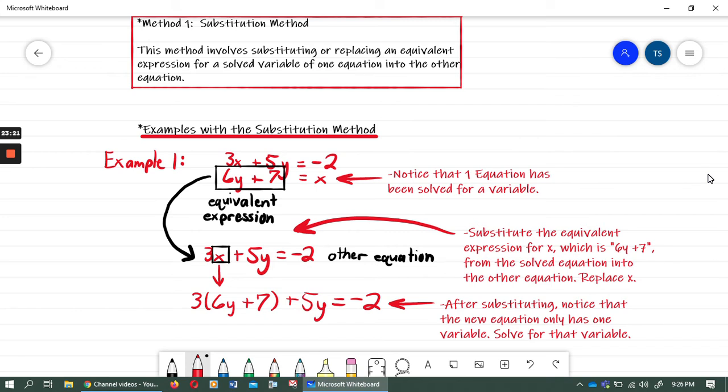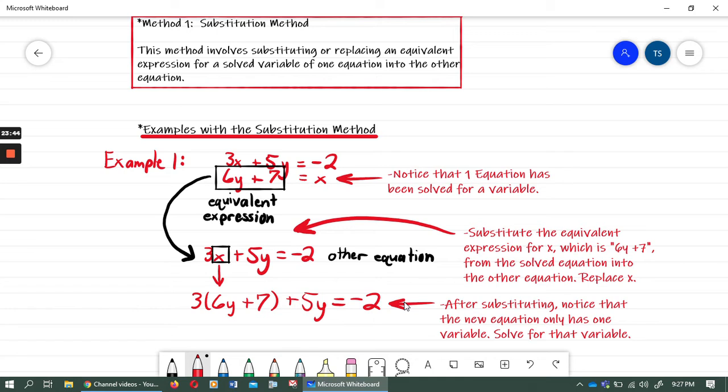Okay, so again, folks, after we substitute, this new equation only has one variable, and we need to solve for that variable. For this particular equation, we're going to distribute the 3 that's on the outside of the parentheses, then combine like terms, and then finish solving.